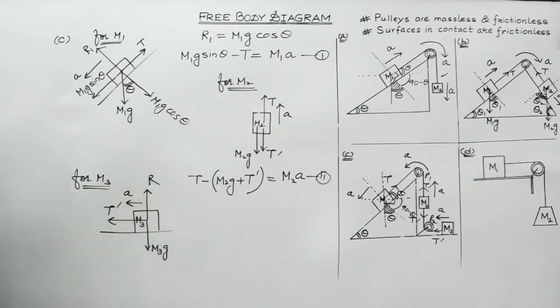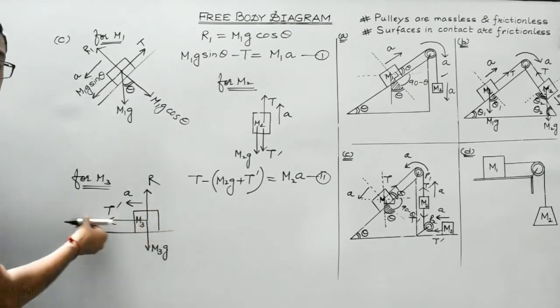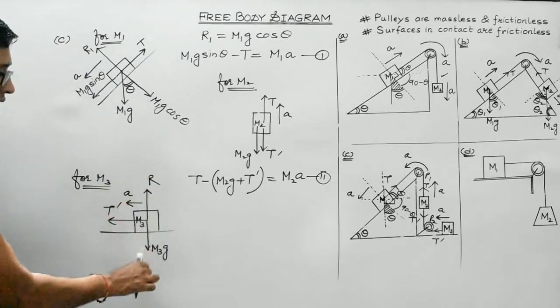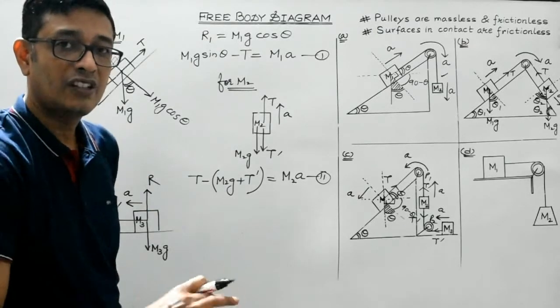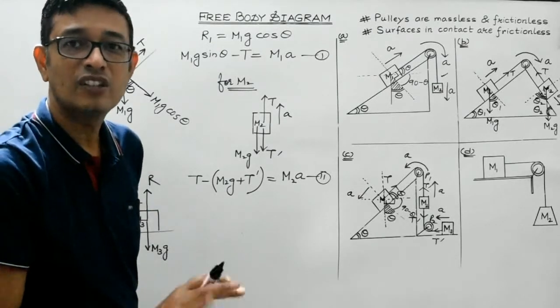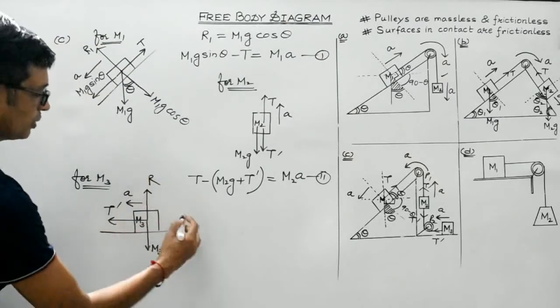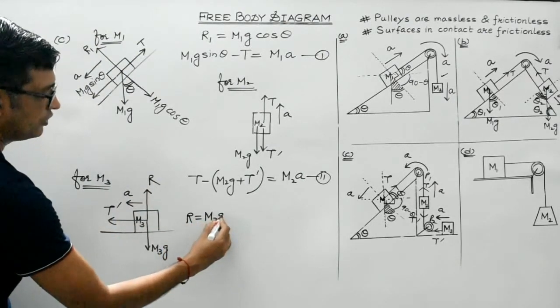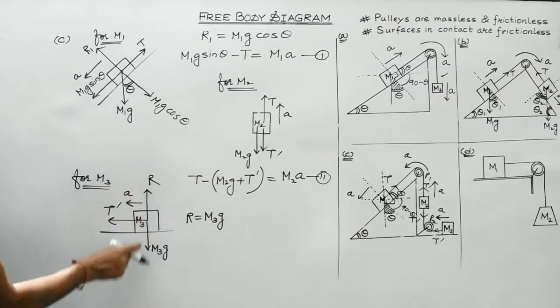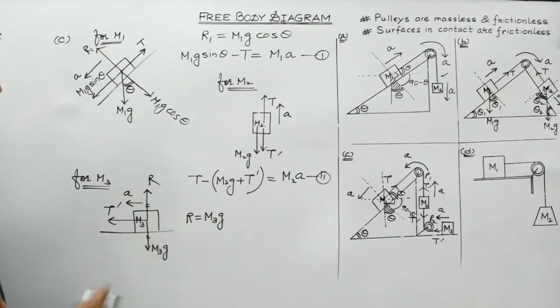So here students, the body is having motion horizontally towards left. So it is not having any motion in the vertical direction. So in the vertical direction, the forces must balance or nullify the effect of each other, and that is possible only when the reaction is exactly balanced by m3g. These two are balanced forces. So what is the net force acting on it?